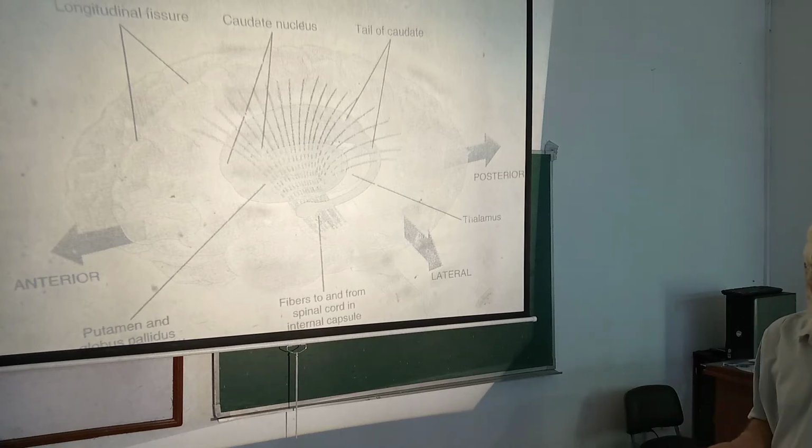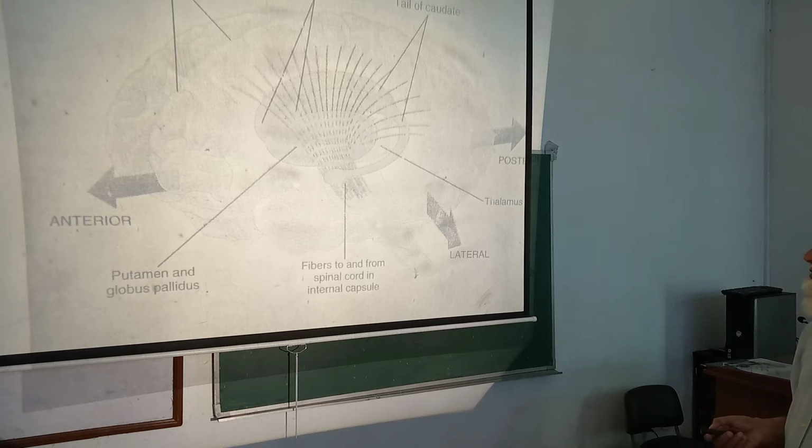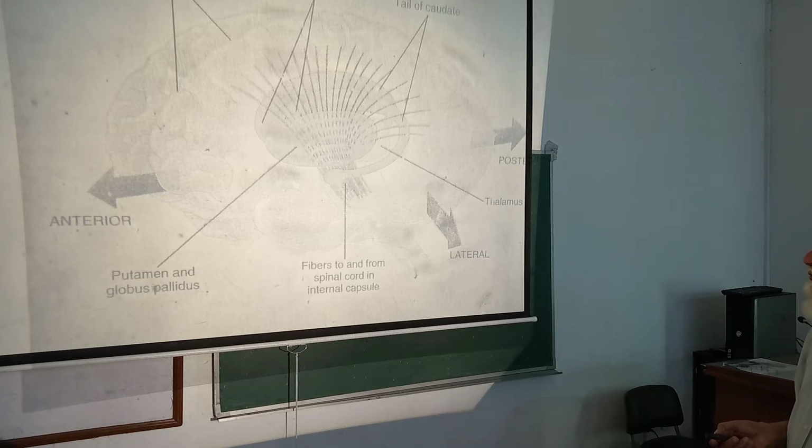Putamen and globus pallidus are collectively called as lentiform nucleus or lenticular nucleus.